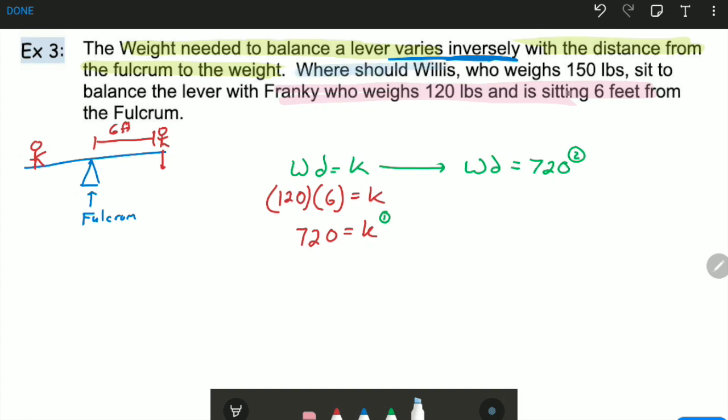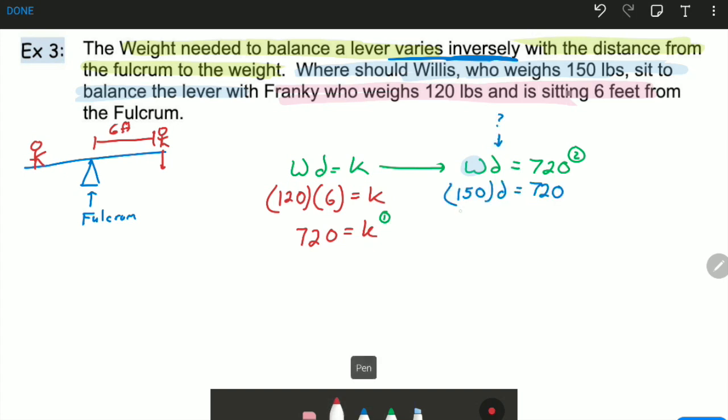The final phase is to actually answer the question. So our actual question is asking, where should Willis, who weighs 150 pounds, sit? So we are given the weight for Willis. We're looking for the distance here. So the weight is 150 pounds. His distance is what we're looking for, so we'll say D equals 720.